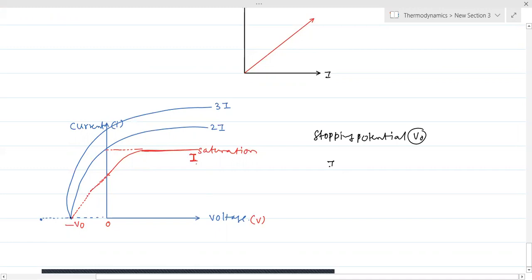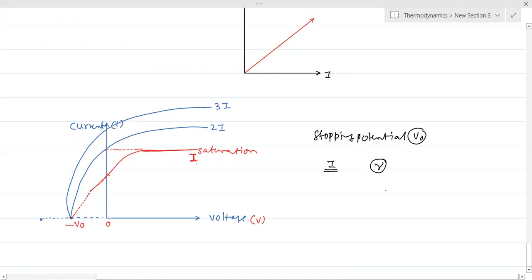While we are discussing intensity, we always keep the frequency constant. As you keep the frequency constant, we have just seen that the stopping potential also remains constant. Next, we will think of the effect of frequency.